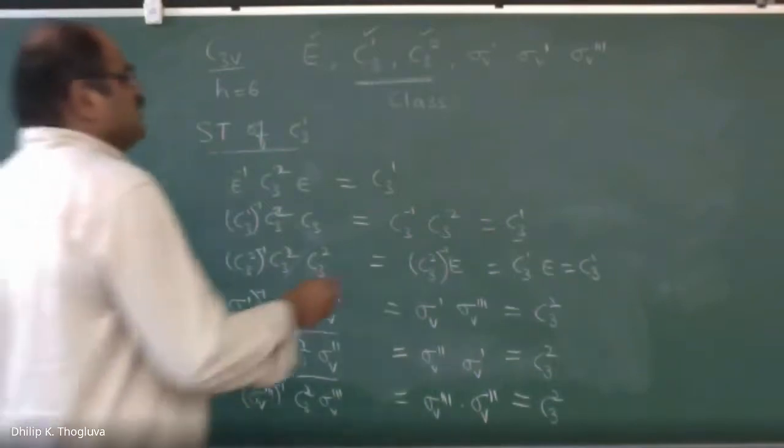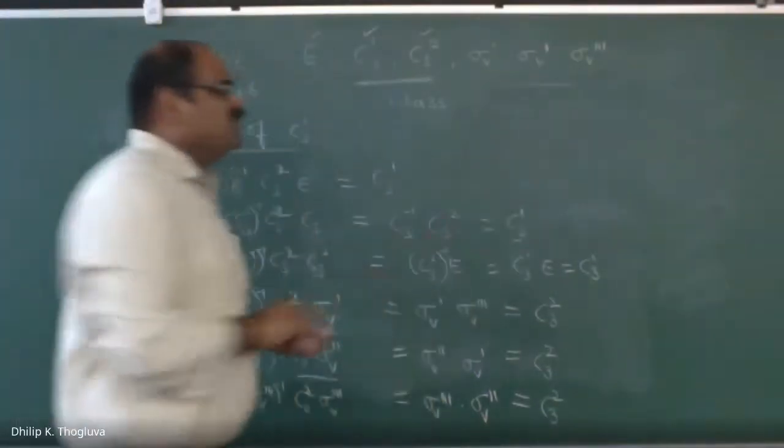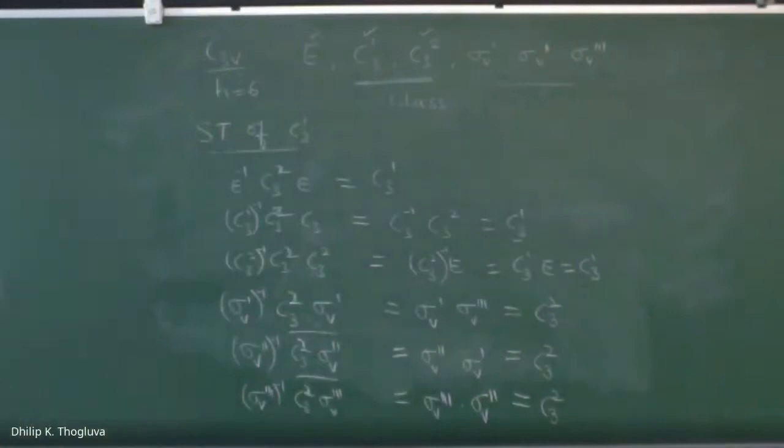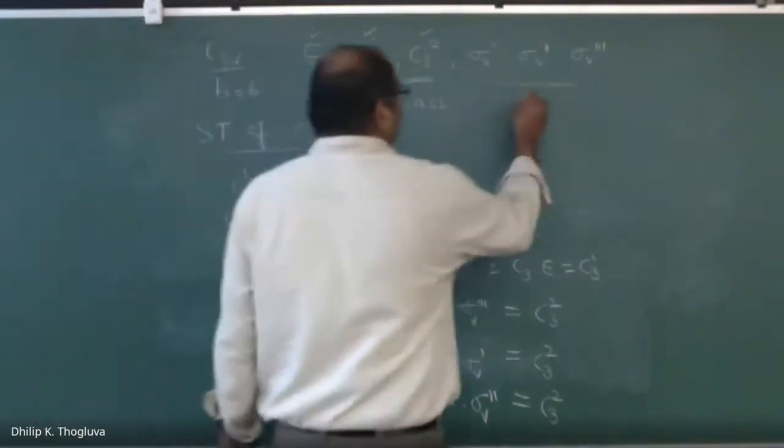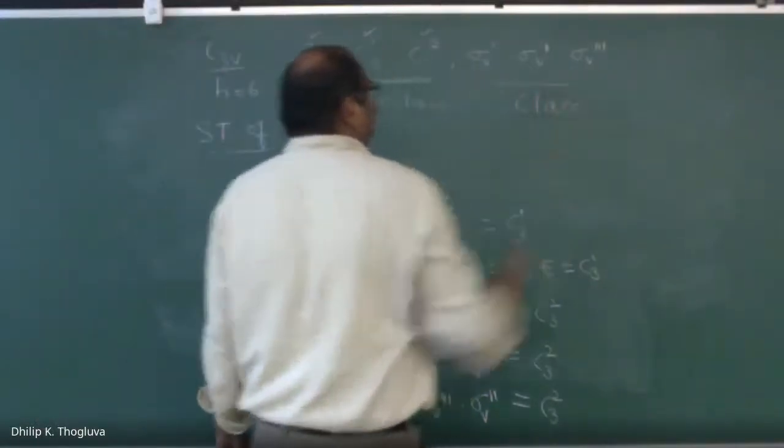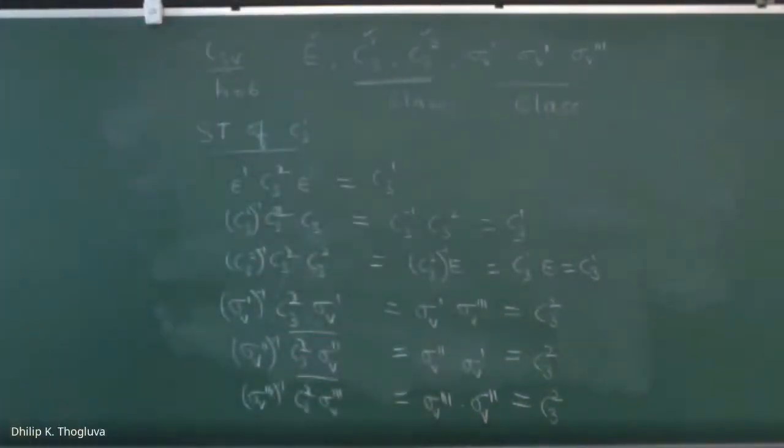And now let's evaluate, I think, one of it. Okay, sigma v prime, or you can find yourself. You can prove it also that these three will form another class. Okay, so sigma v prime, sigma v double prime, sigma v triple prime will form another class.